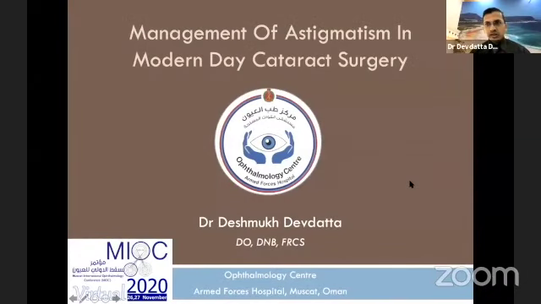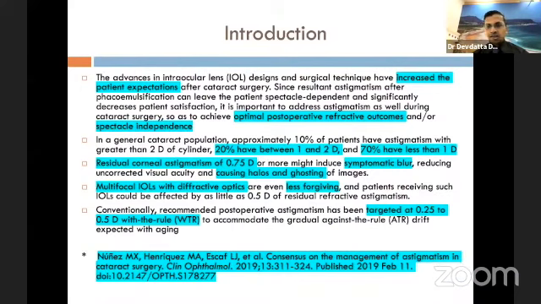I'll just quickly go through my today's topic, that is management of astigmatism in modern day cataract surgery. A lot has happened in the last 10 years in this field. As you know, advances in intraocular lens designs and surgical techniques have increased patients' expectations, and it is very important to address astigmatism in order to achieve an optimal post-operative outcome, because a chunk of our patients do have astigmatism to some extent.